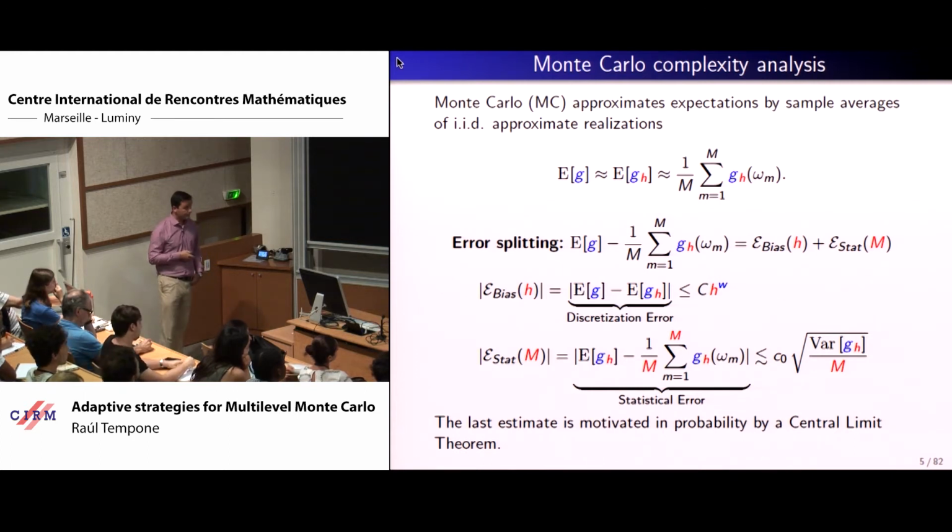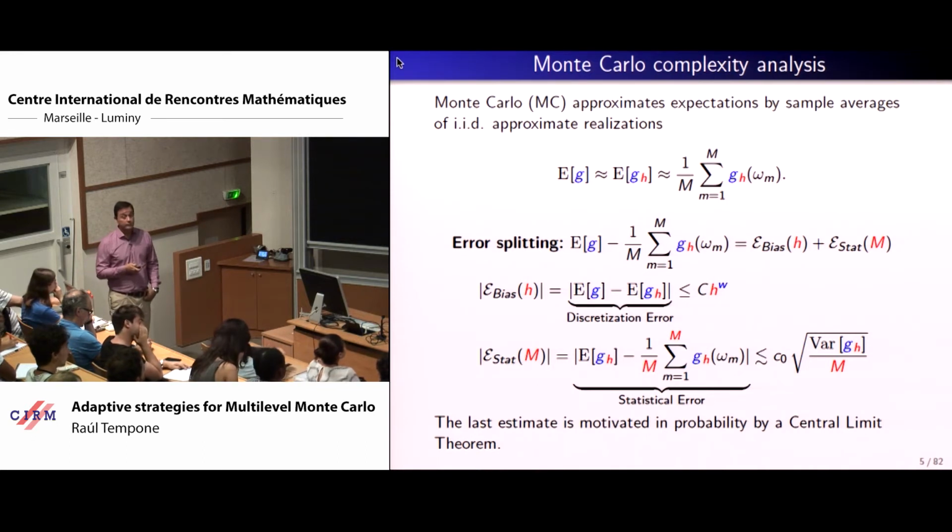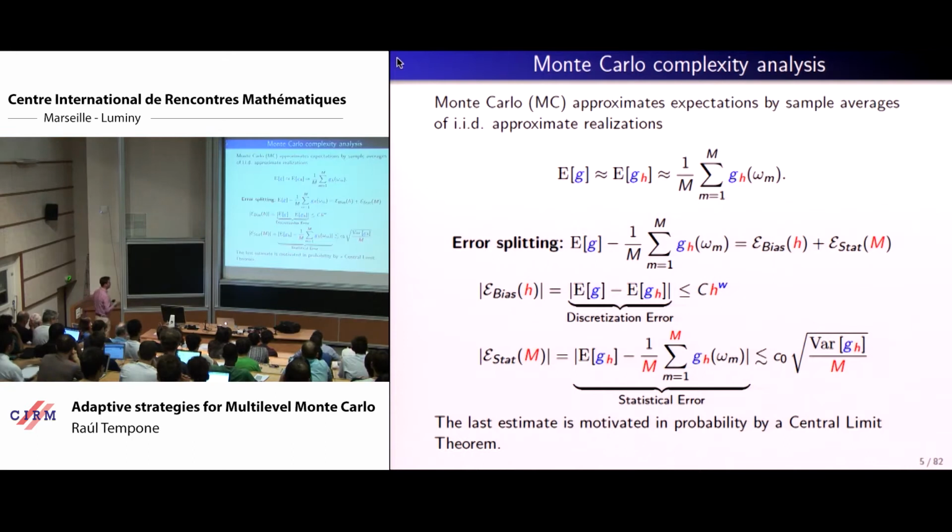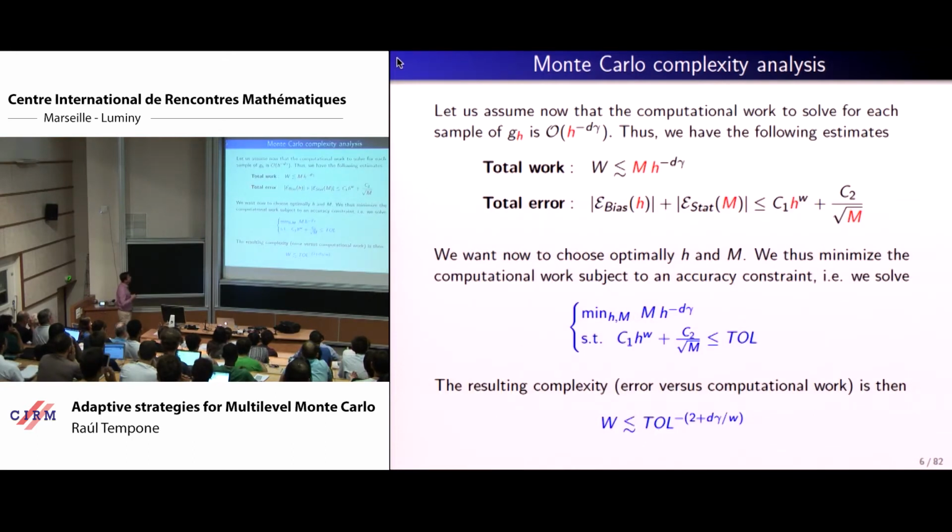So now that we have the two main errors identified, we try to see what is the corresponding complexity, which is the computational work that is needed to achieve a certain accuracy with Monte Carlo in this context for a prescribed confidence level, okay? And to do that, you minimize the work subject to the total error constraint.